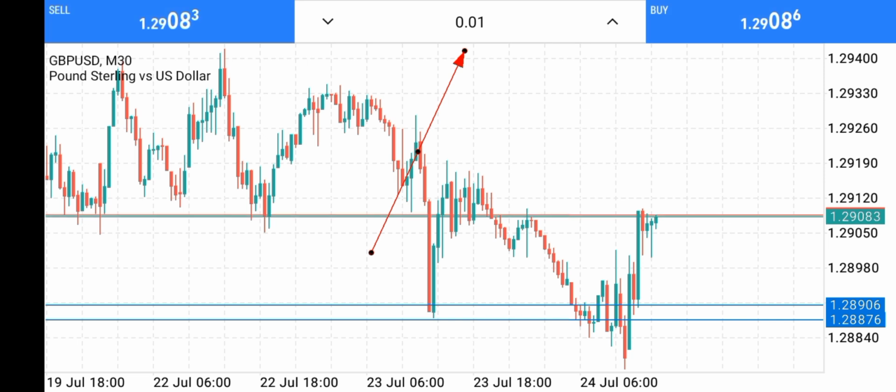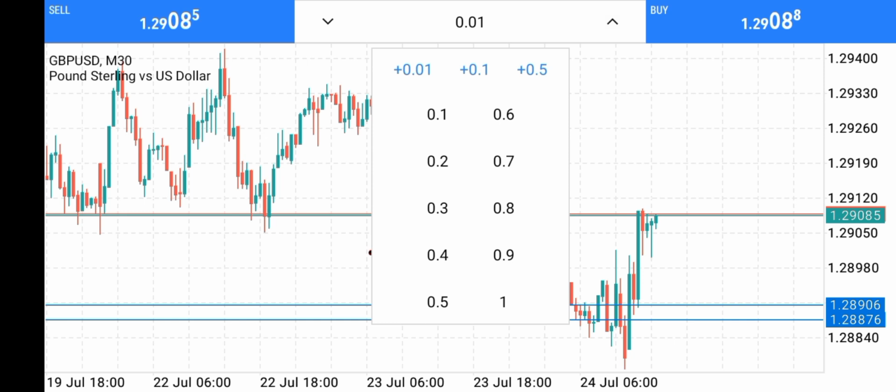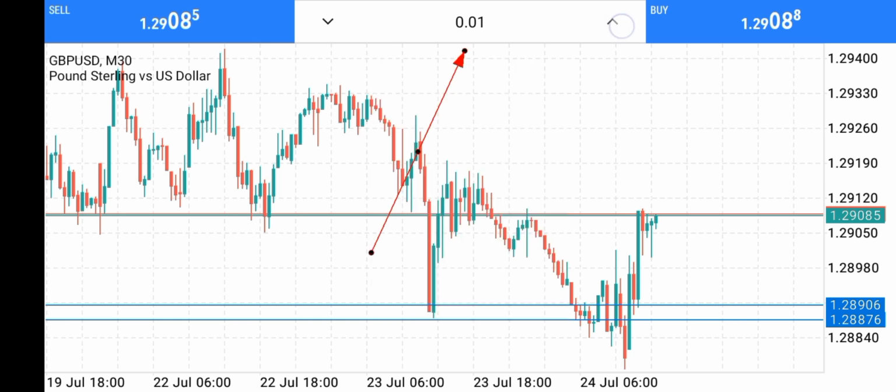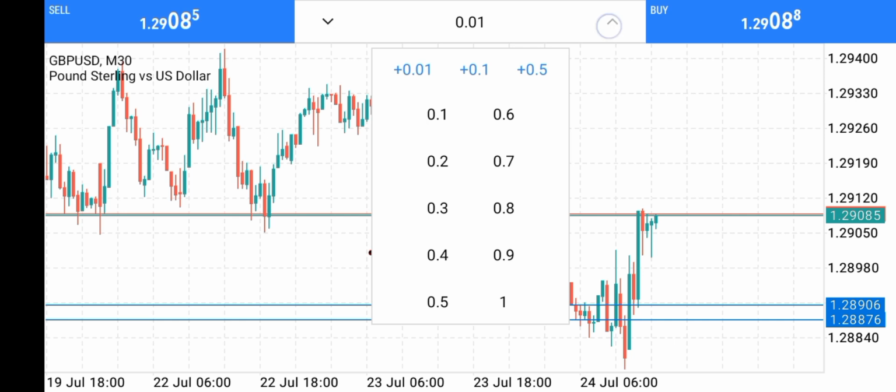So a trader can also increase the value by tapping at this place right here. So a trader can tap there and find out that it can increase its value. And maybe, for example, if you want to trade with 0.02, you just have to tap here. You notice there has been an increase in the value.